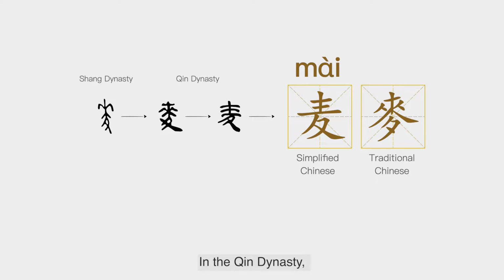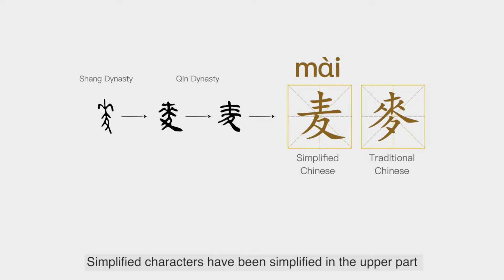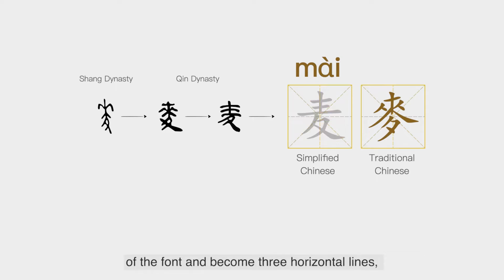In the Qing dynasty, the shape of the font evolved into the current traditional Chinese character. In the simplified character, the upper part has been simplified into three horizontal lines, and the lower part has not changed much.